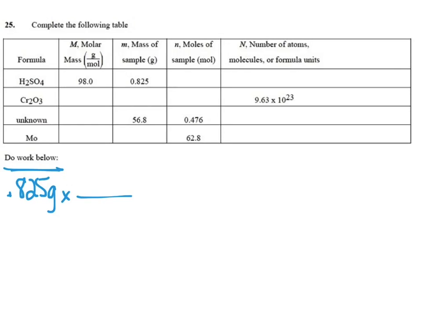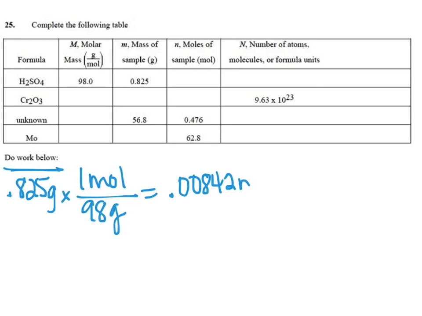And we are in grams, and we have our molar mass, and we know that in 1 mole there is 98 grams. And that should get me to 3 sig figs, 0.00842 moles. And then the next one, it says we need to get that to atoms or formula units or molecules.